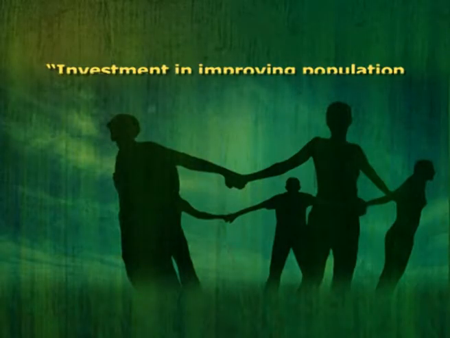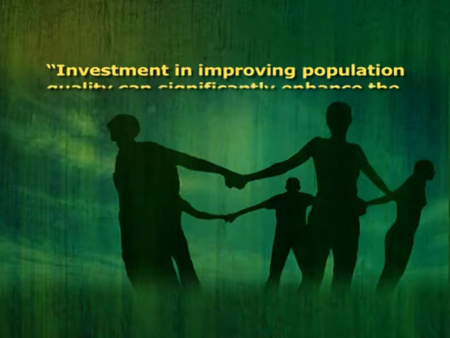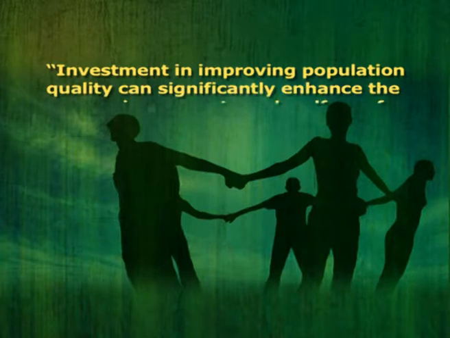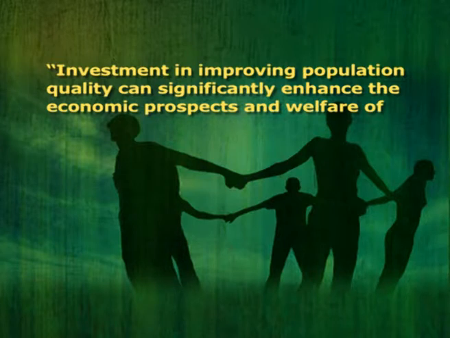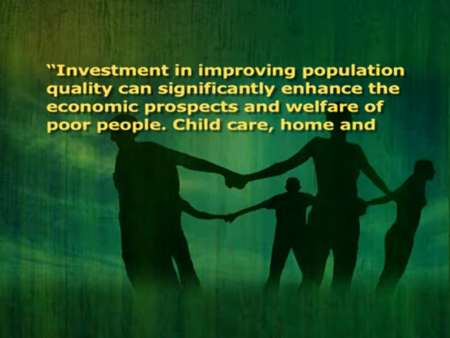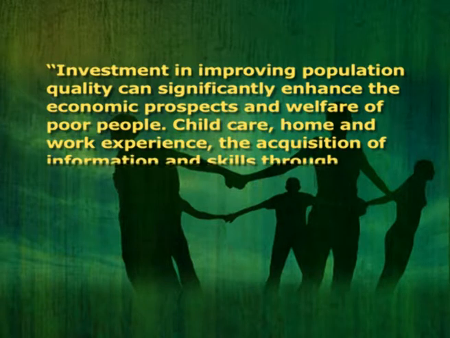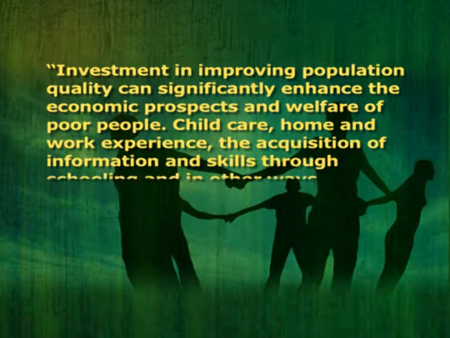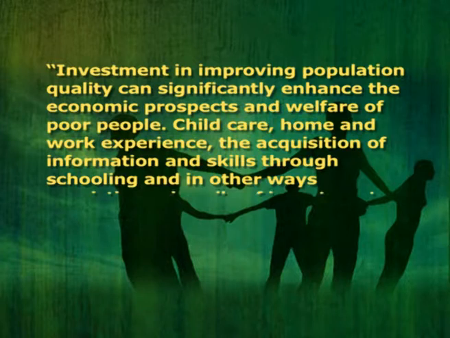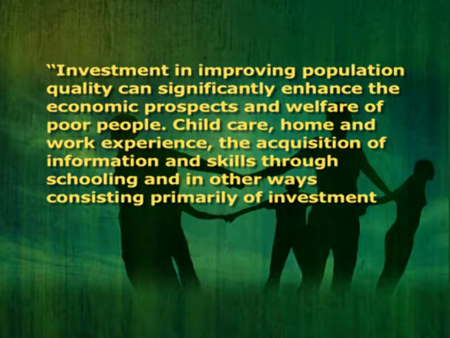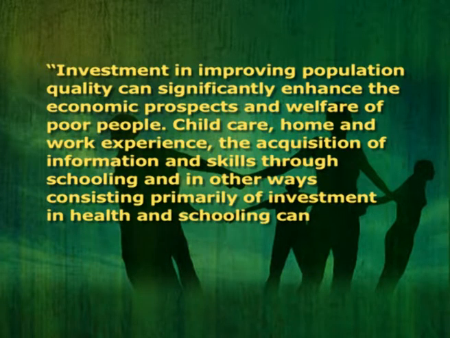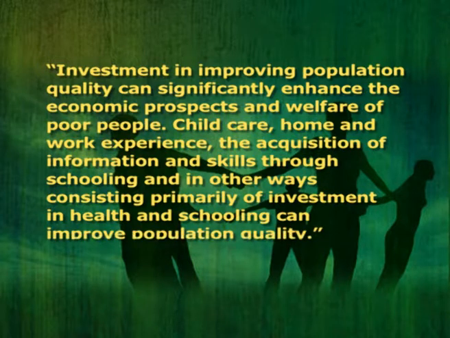In the words of Meier, investment in improving population quality can significantly enhance the economic prospects and welfare of poor people. Childcare, home, work experience, the acquisition of information and skills through schooling and in other ways consisting primarily of investment in health and schooling can improve population quality.